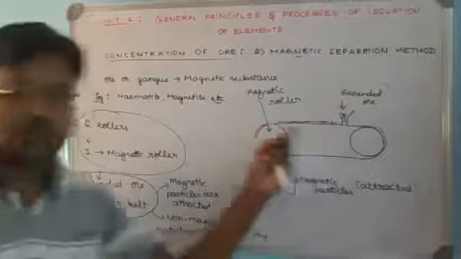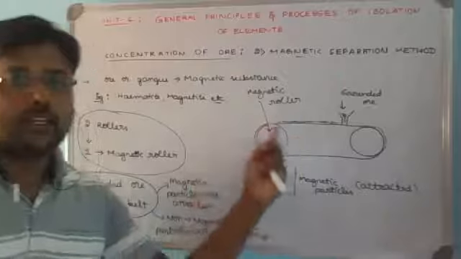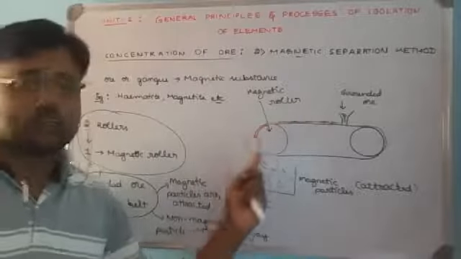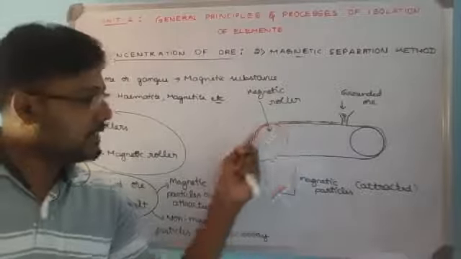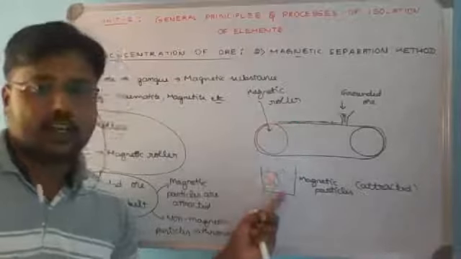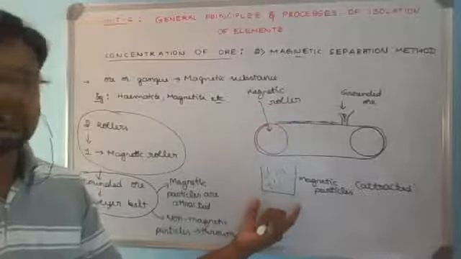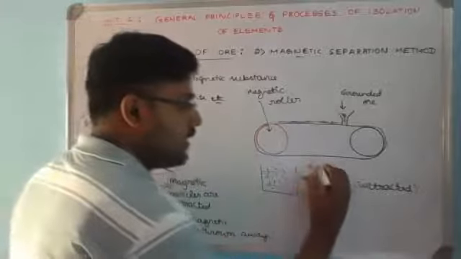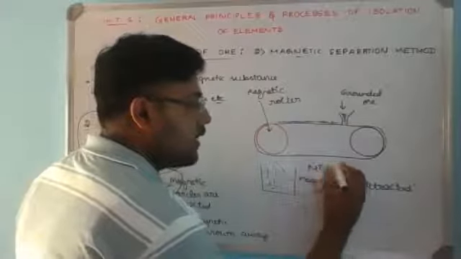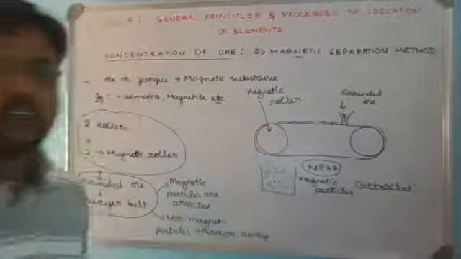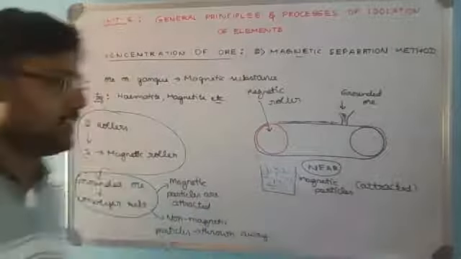Once the particles move towards the magnetized roller, they get attracted towards it and are collected near the roller. So whatever is collected near the roller is magnetic particles.